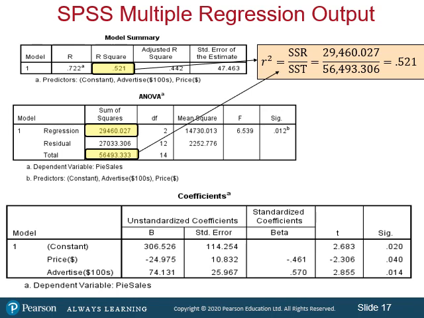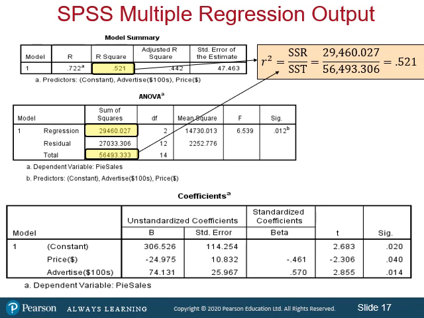The R square ranges from 0 to 1, maximum is 1. We convert this into a percentage by multiplying by 100. So we get 52.1% of the variance in pie sales can be explained by the two independent variables, price and advertisement. We have another 48% unexplained variance. That is because we have not included other predictors or independent variables.